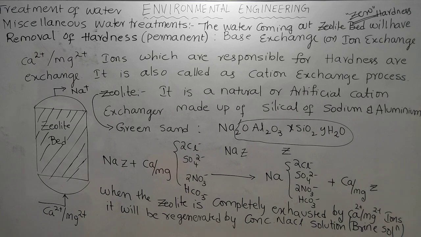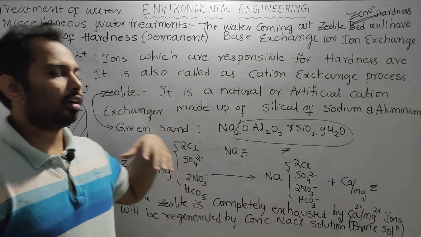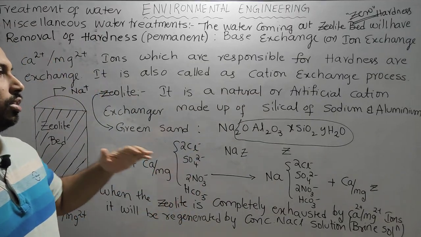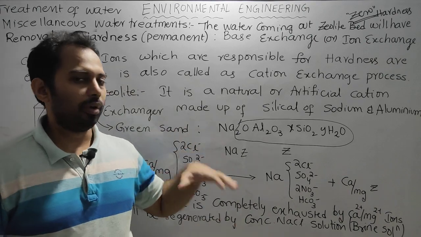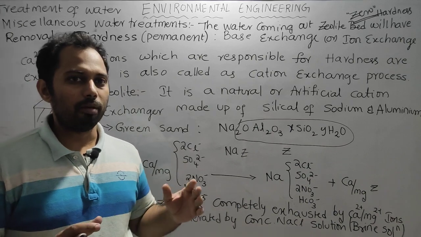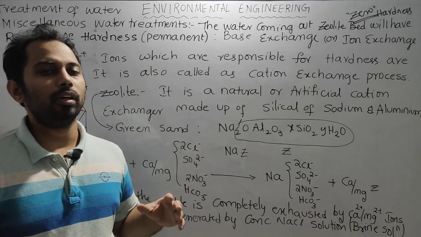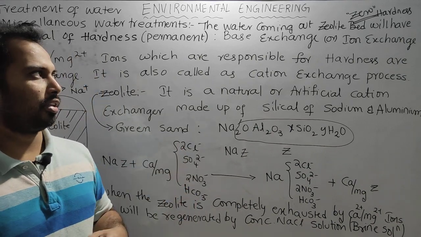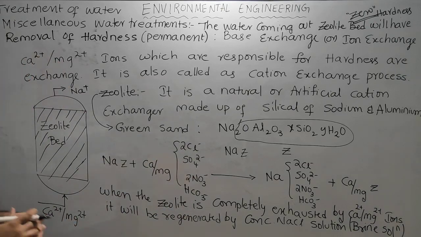Because it is zero hardness, the water which goes out through the distribution system, coming out of this ion exchange method, will not cause any problem to the pipe network, as the hardness is very less. So there won't be any problem of incrustation in the pipe.